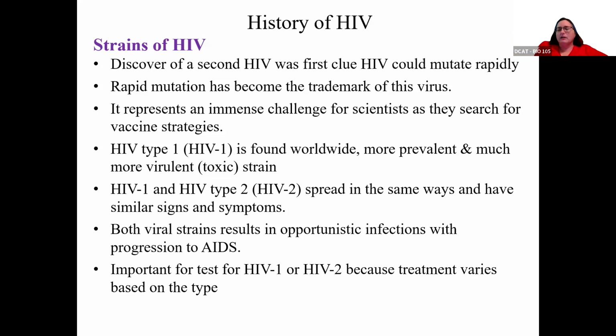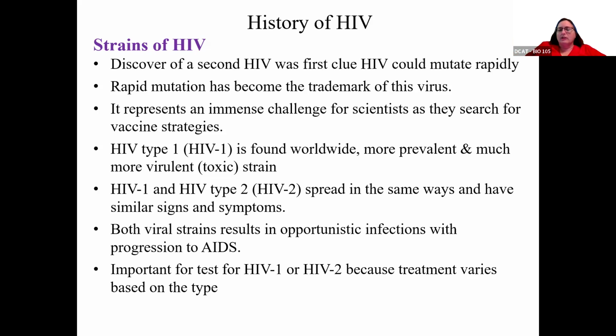And remember when we talked about intro micro, we talked about viruses, bacteria, any of those microorganisms. Remember, they're going to do anything in their power to survive, right? And the way the HIV virus does it is by mutating. So you have HIV type 1, and it's found worldwide.